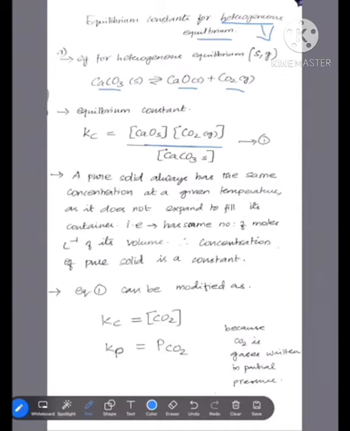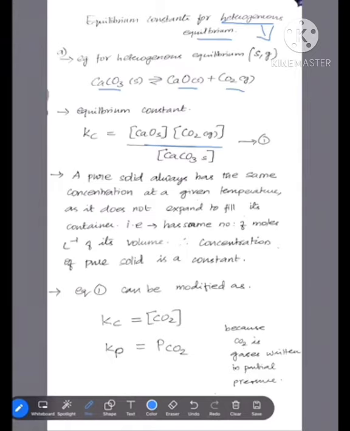Here you have to apply a condition where a pure solid always has the same concentration at a given temperature. So if the system has a pure solid, then the pure solid will have the same concentration at a given temperature, provided the temperature is constant.